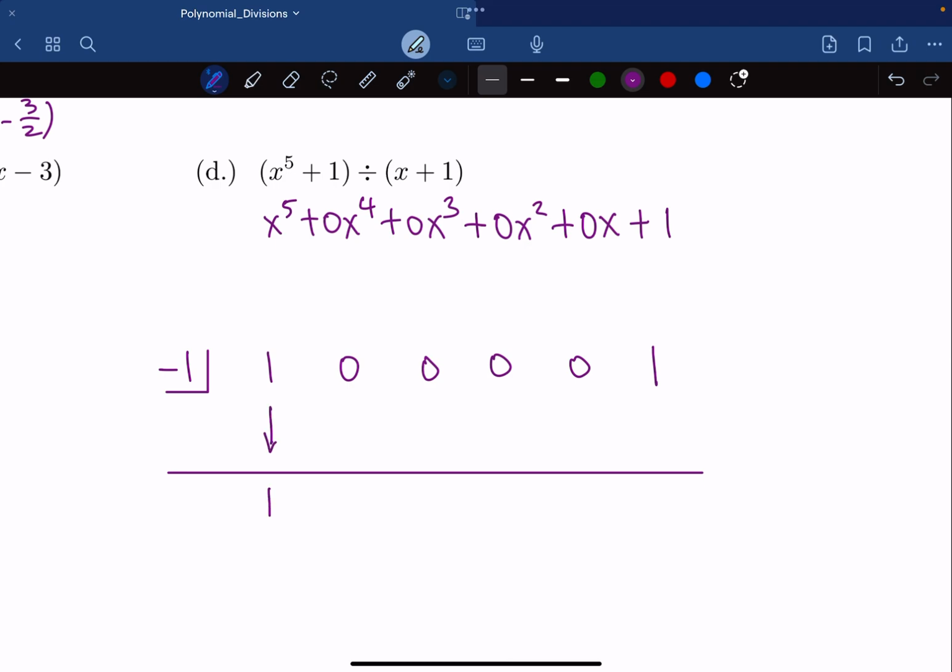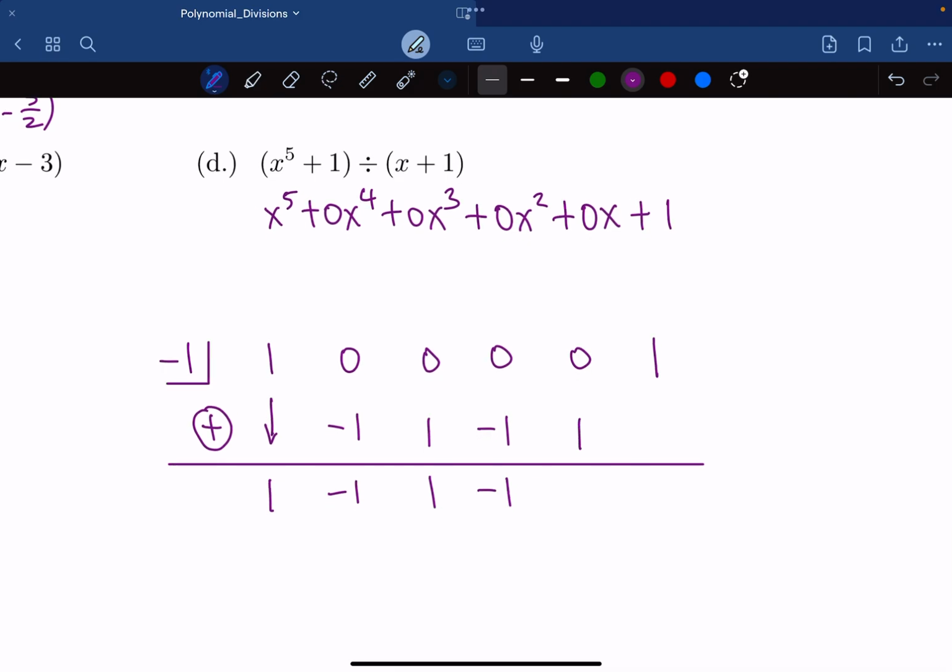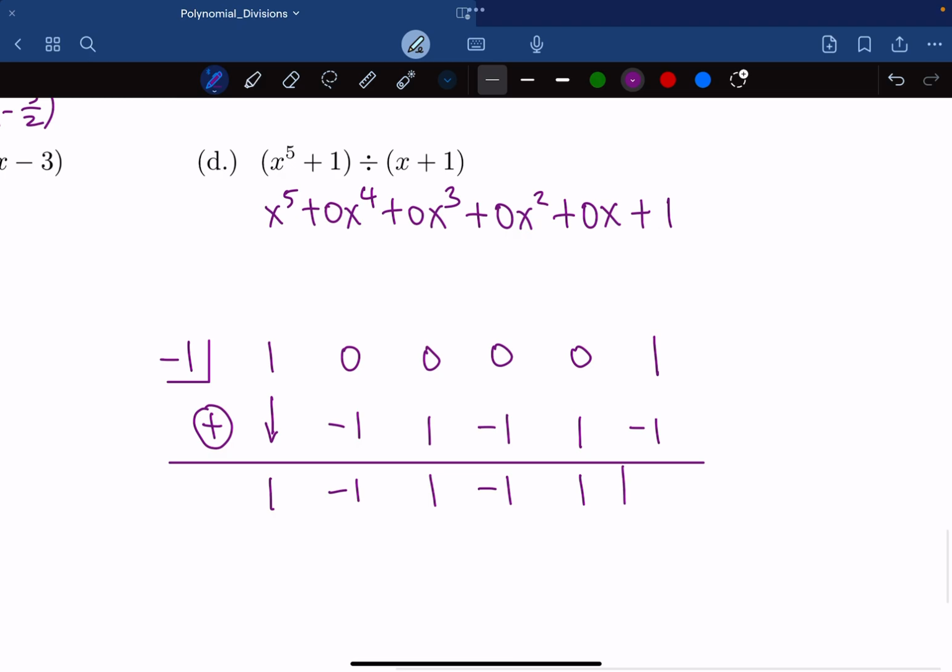Drag down the 1. -1 times 1 is -1. 0 plus -1 is -1. -1 times -1 is 1. 0 plus 1 is 1. -1 times 1 is -1. 0 plus -1 is -1. -1 times -1 is +1. 0 plus 1 is 1. -1 times 1 is -1. And 1 plus -1 is 0.